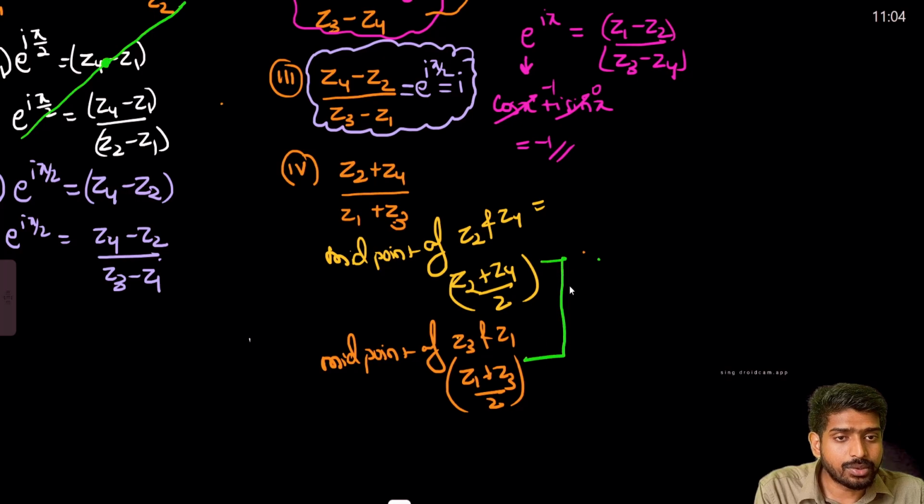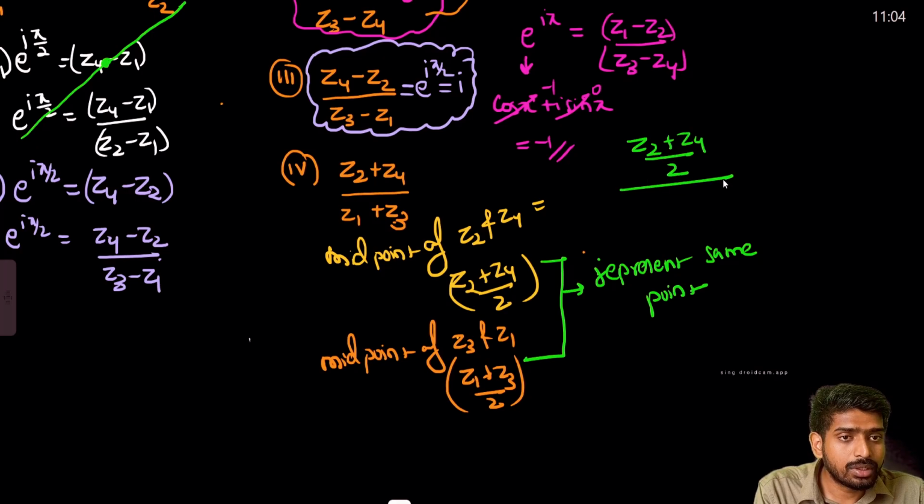These two points represent the same point. So if we divide both of them, we get z2 plus z4 by 2 and z1 plus z3 by 2. The 2 gets cancelled.